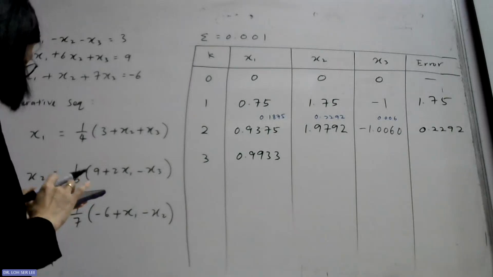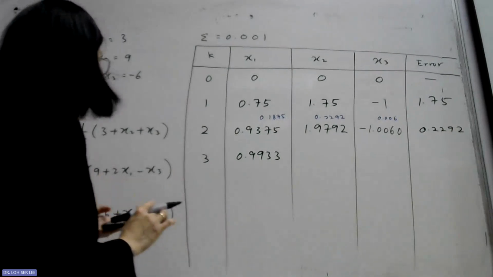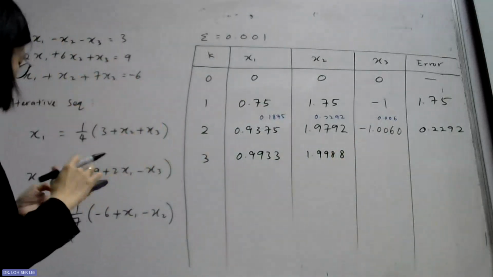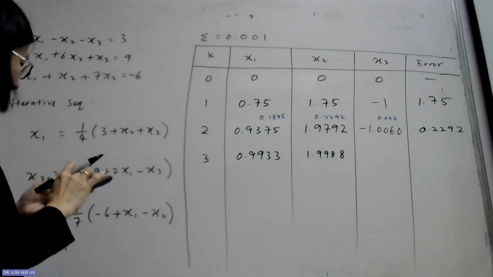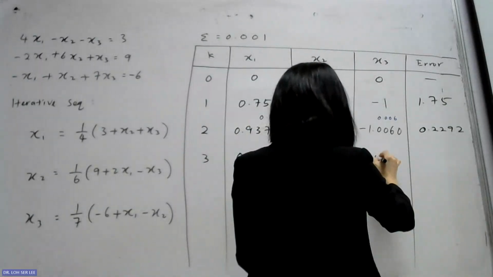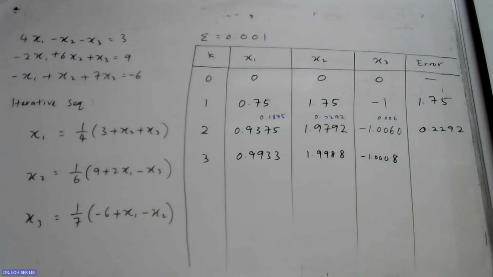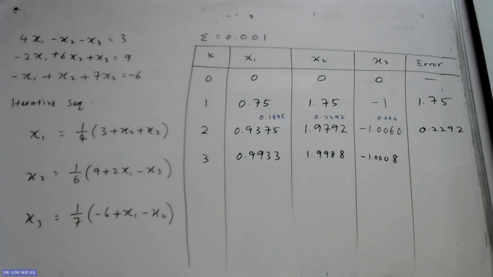Okay, minus 0.993, minus 0.0005. Yeah. 0.058.